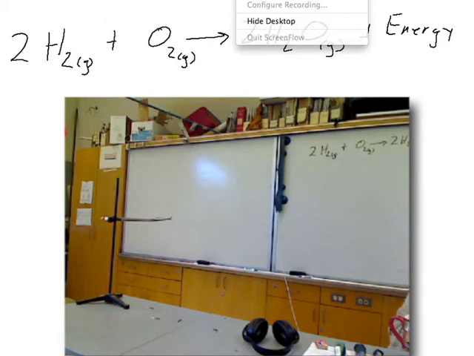Okay, so we're going to do each one individually first. We've got the oxygen. This is a balloon full of just pure oxygen. And we're going to see what happens when we light it on fire.